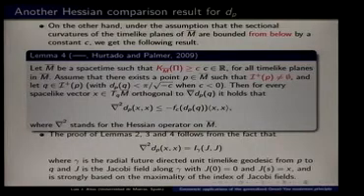But here at the end we obtain the reverse inequality because in a Lorentzian manifold, Jacobi fields maximize the index. They don't minimize but maximize the index, and that's why we obtain the reverse inequalities with respect to the Riemannian case. Now we are ready to state our main results.